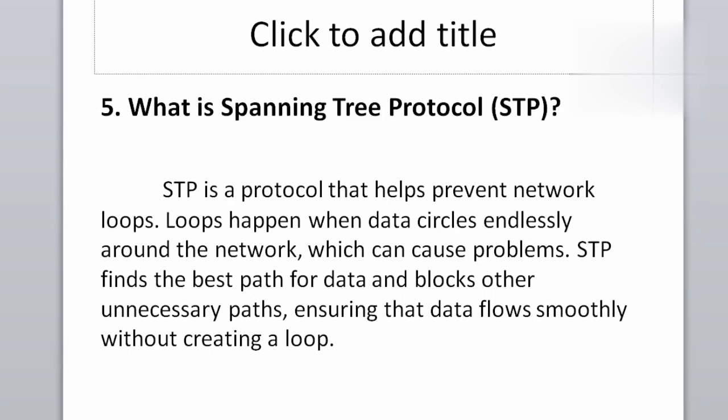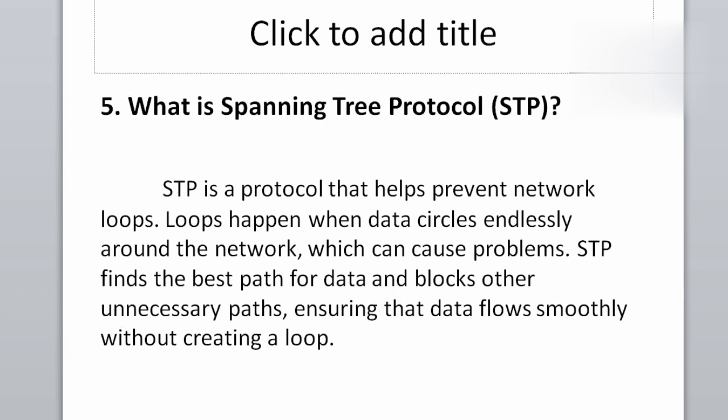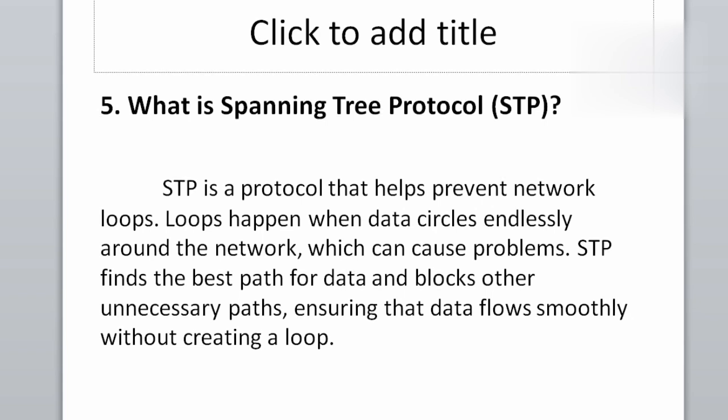STP finds the best path for data and blocks other unnecessary paths, ensuring that data flows smoothly without creating a loop. Means suppose there are multiple paths to send the data from source to destination, so they find the best path to send the data.